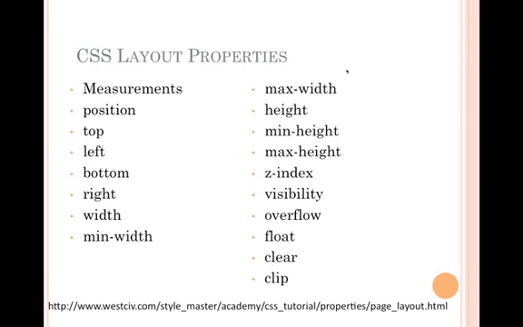So here we have a list of properties. You need to be able to use measurements, position. You will find these properties here, and we're going to go through some of these, but you won't see all of these used until we go through the example.